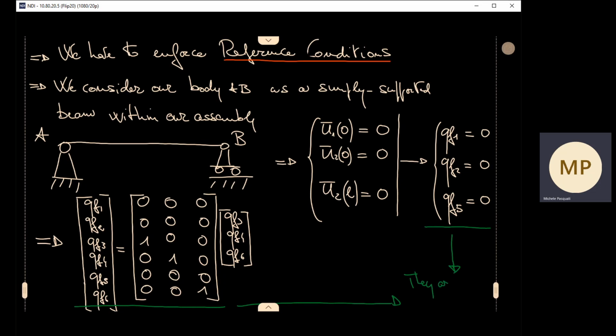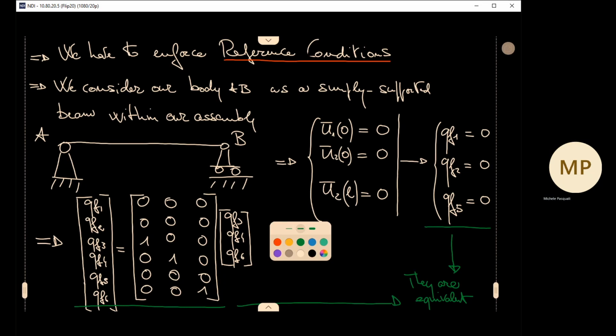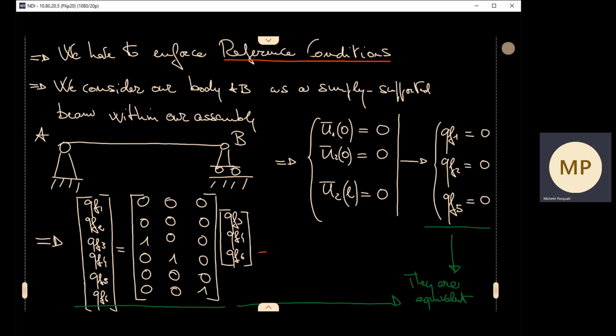And this, in fact, is written as such. QF over hat, which is this one here. This is what we actually call QF.